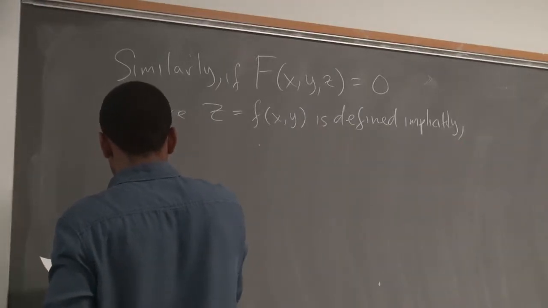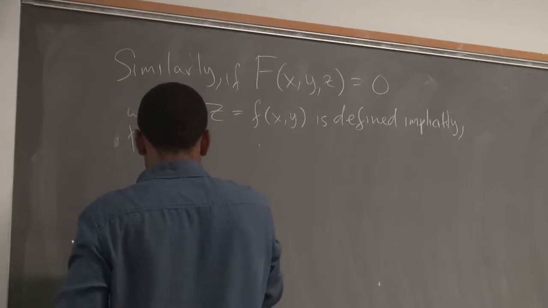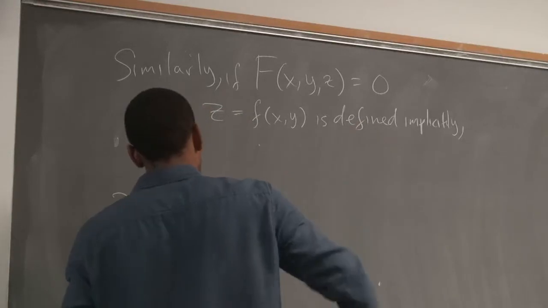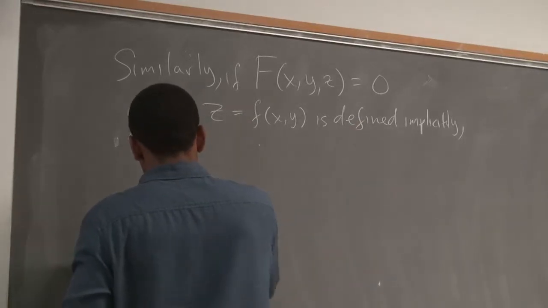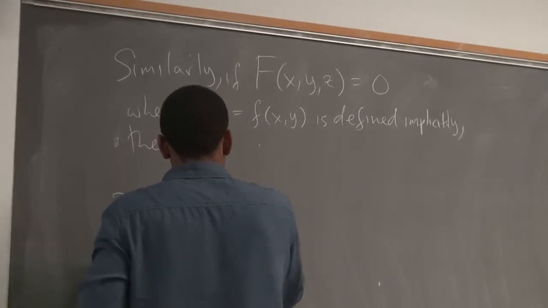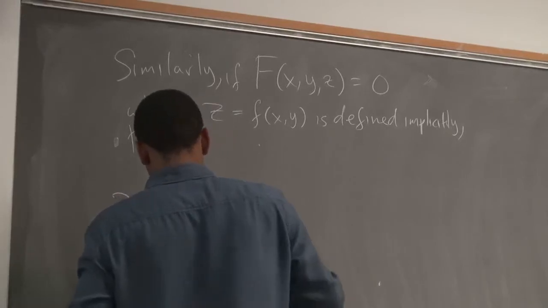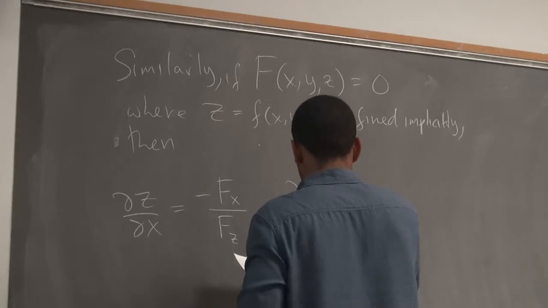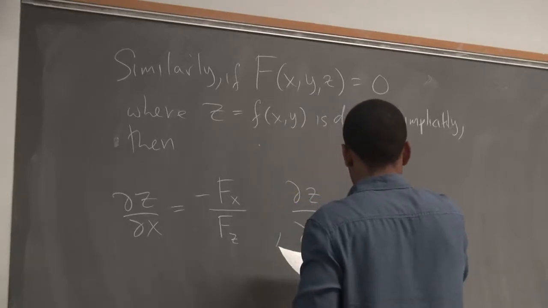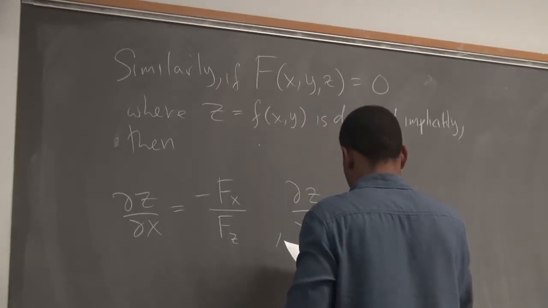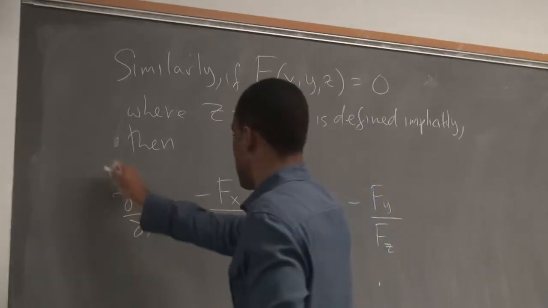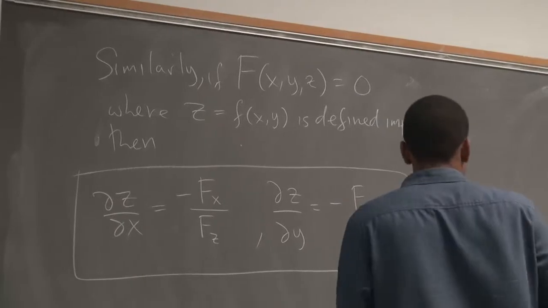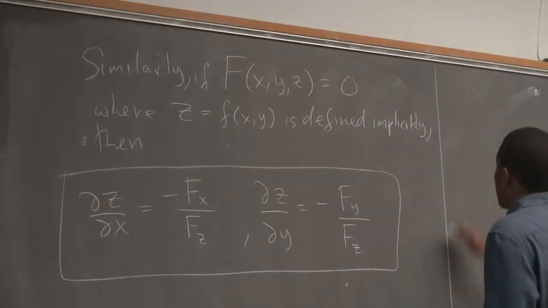You can actually take the partial of z with respect to x. Even in the last homework, you did some of these problems. You can redo them with this method and you'll see it's a lot easier. Those two would hold. So let me show you an example.